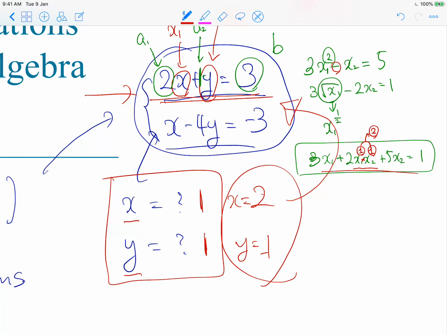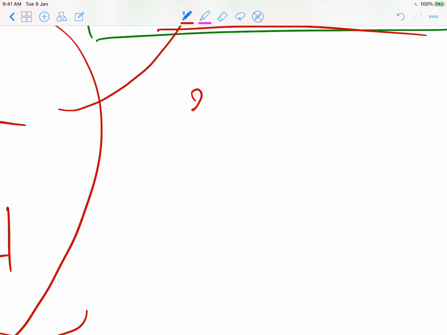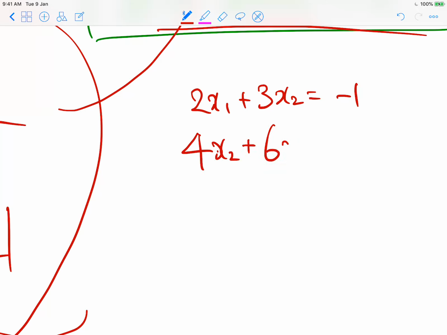For example, the first equation, something like this. Okay, so in this case, it is obvious that we have a solution like this, but also, this one has other solutions, right?